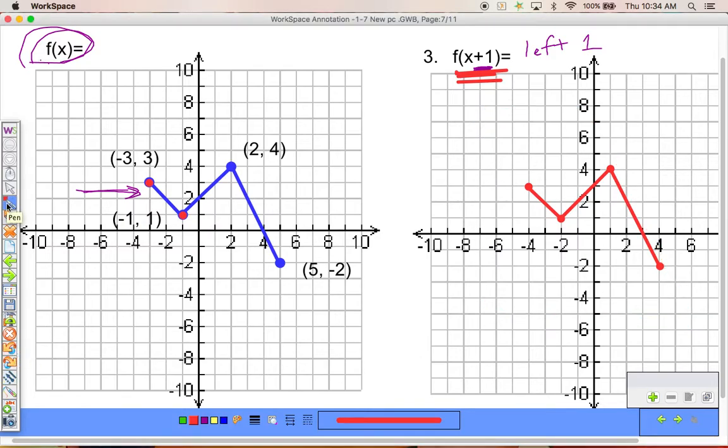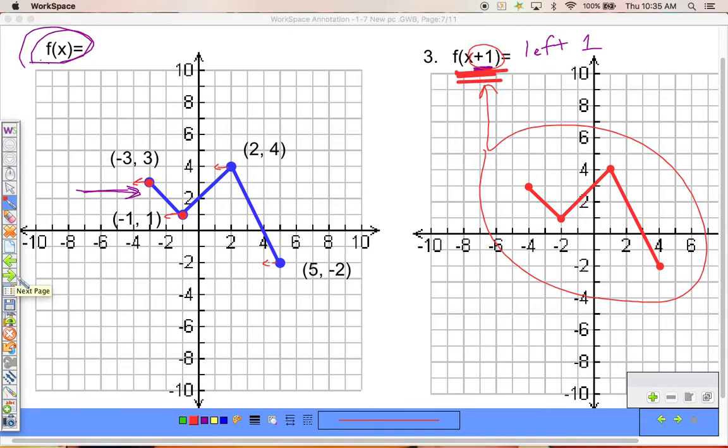This shape here is my solution, f of x plus 1. It looks exactly the same except it was shifted over 1 unit. All these points were moved over 1 unit to the left because of the plus 1. All right, brand new problem, starting over.